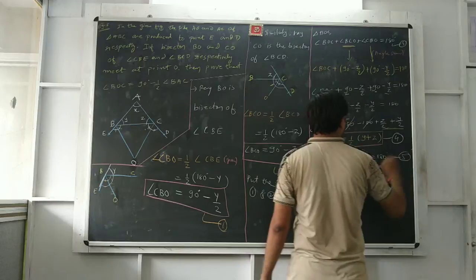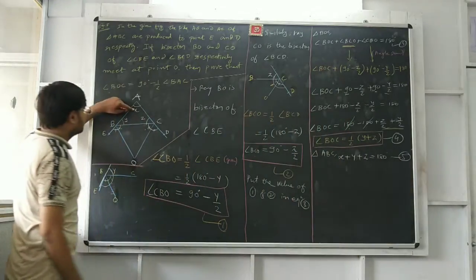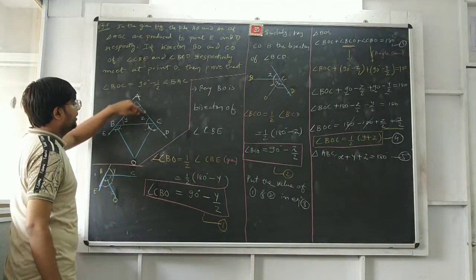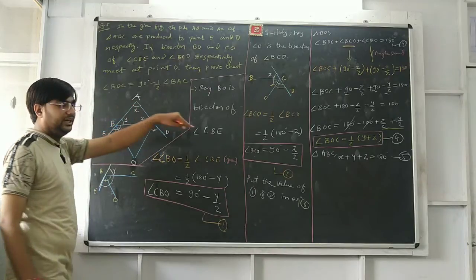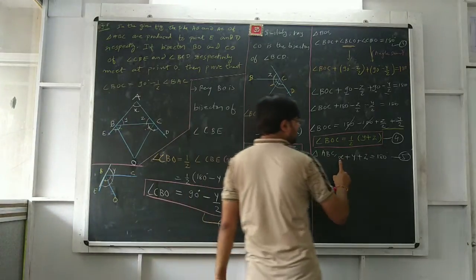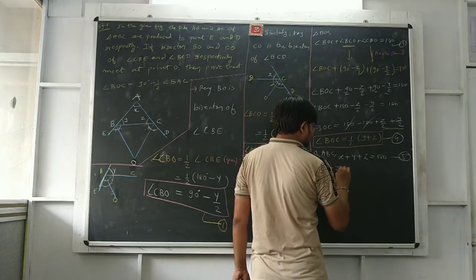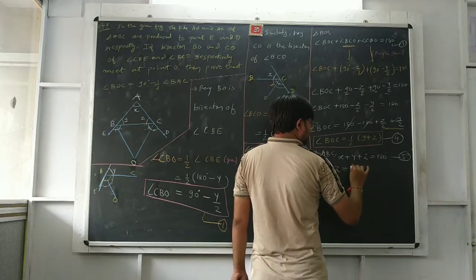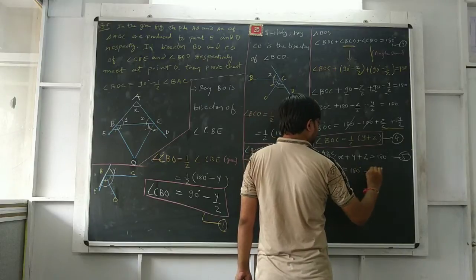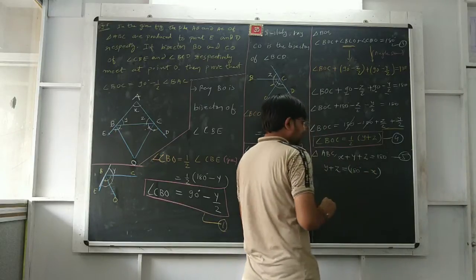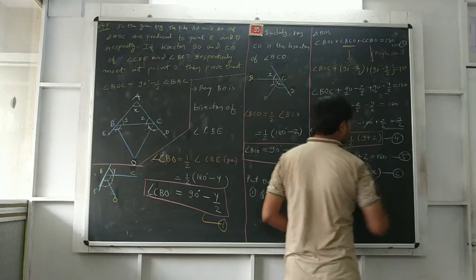Equation number 5. Here x plus y plus z, the three angle sum of a triangle, is 180. Taking x from the left hand side to the right hand side, y plus z is equal to 180 minus x. This is equation 6.